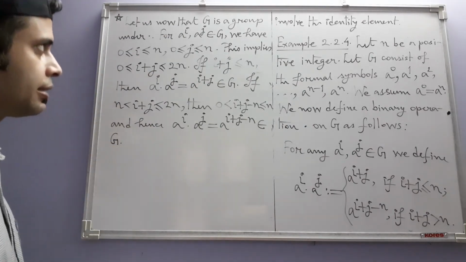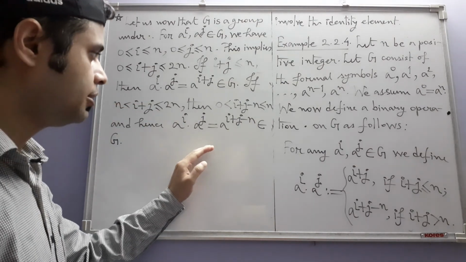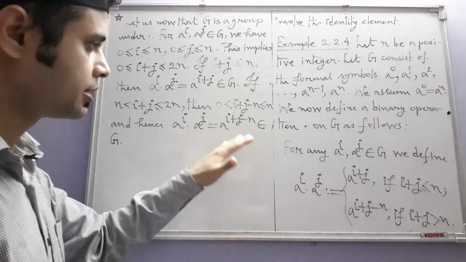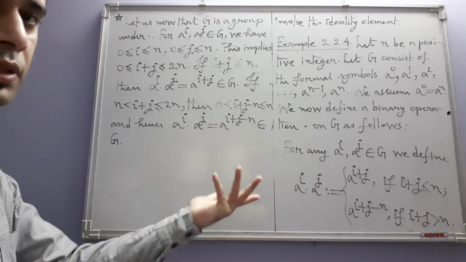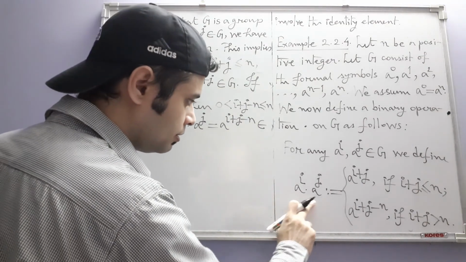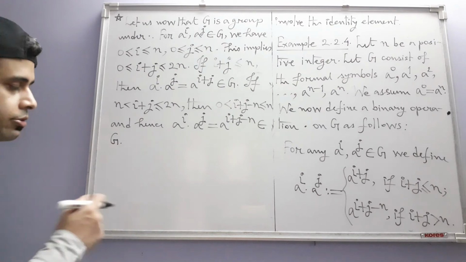So we see that the first thing that we wanted to show is actually true, namely that whenever we calculate such a product, the result is again a symbol in G. Now we have to prove that this thing is unique for a given a to the power i and a to the power j.